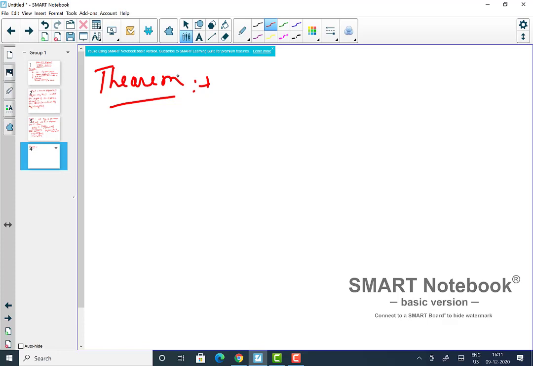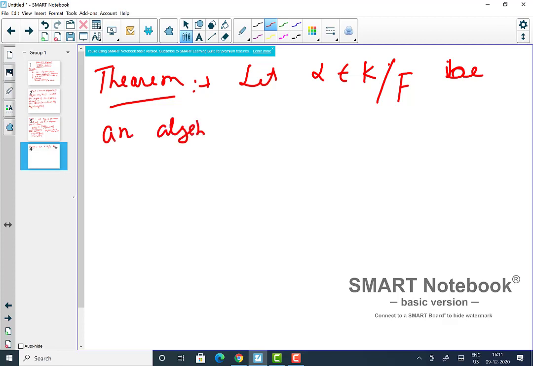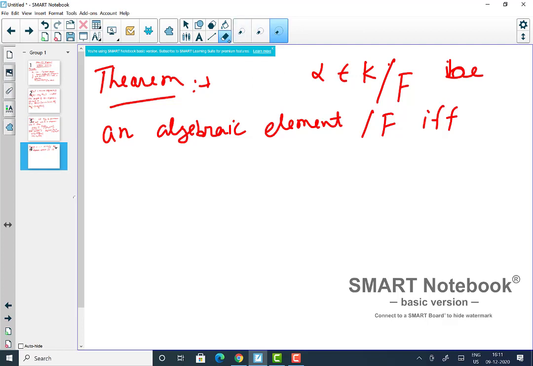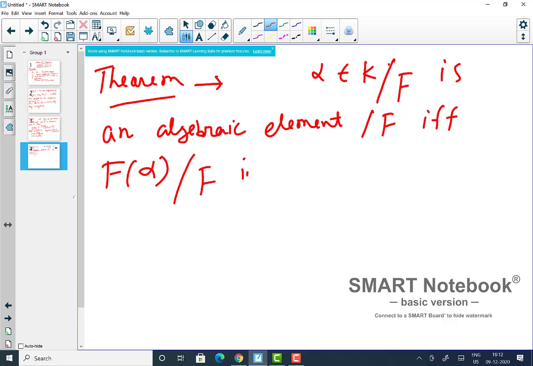So how to write it down? Let alpha belong to K, where K is an extension of F. Then alpha is an algebraic element over F if and only if this simple extension F(alpha) over F is a finite extension.